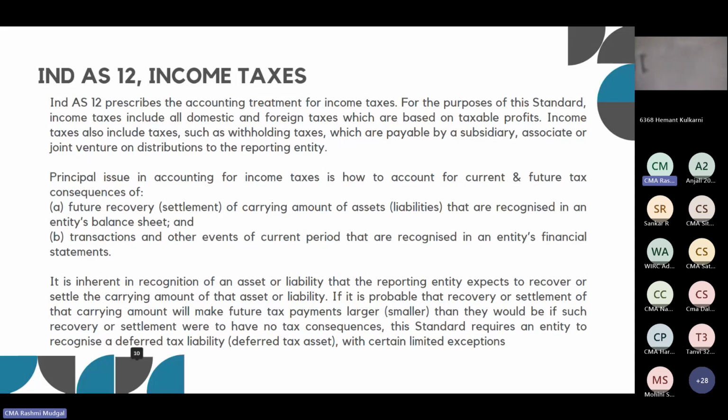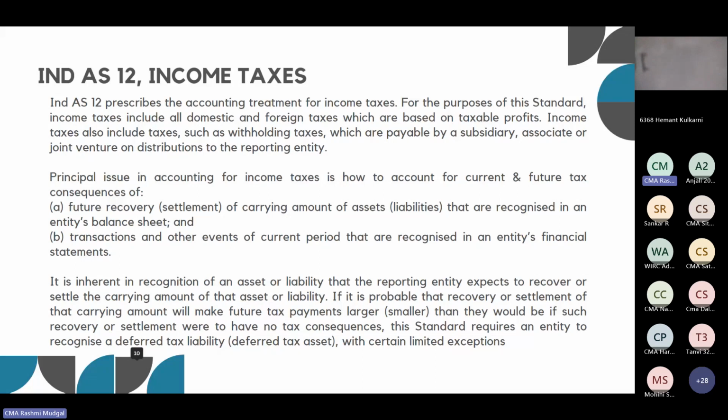Okay, so if it is probable that recovery or settlement of that carrying amount will make future tax payments larger or smaller, then the standard applies; if such recovery or settlement will have no tax consequences, then it does not.